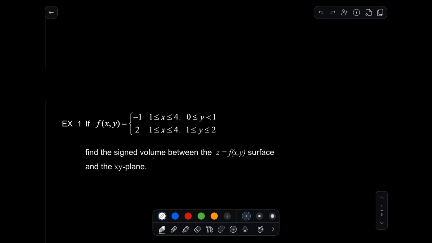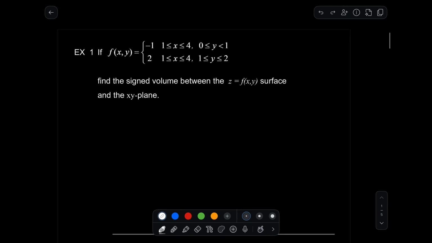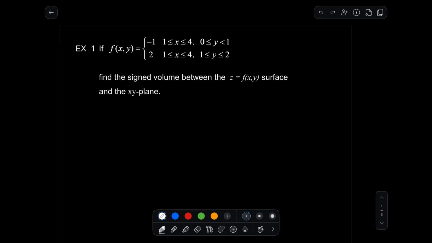And let's just start off with a really basic example. We have f of xy equals this piecewise function, and we're trying to solve for the value of it. We can do a couple of things.